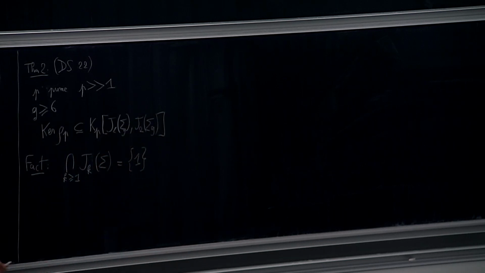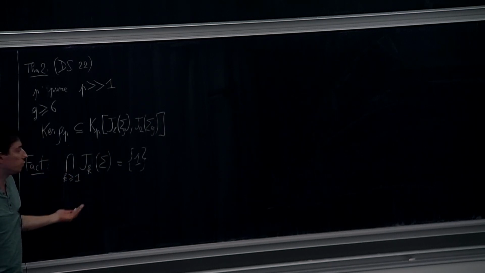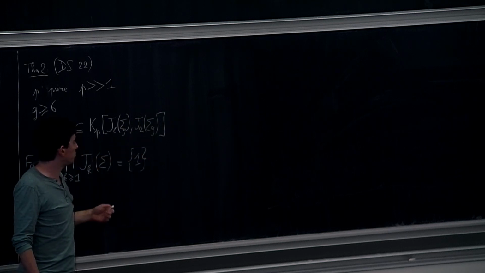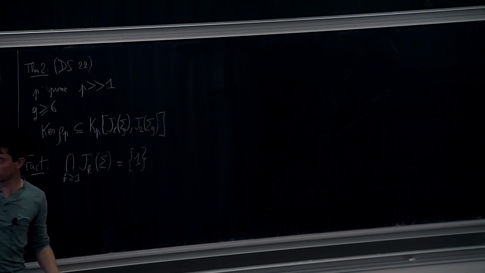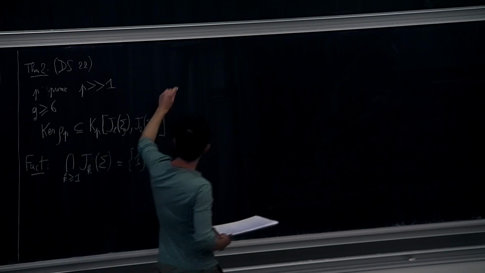So with this in mind, this is just the first step in trying to prove that the kernel is just Kp. And if you could do it at any step, you would be able to give a positive answer to the question.